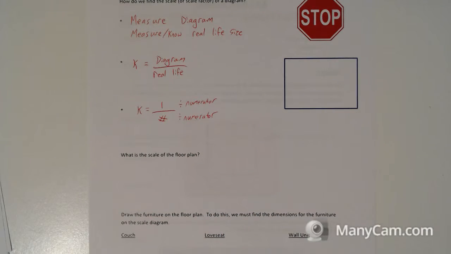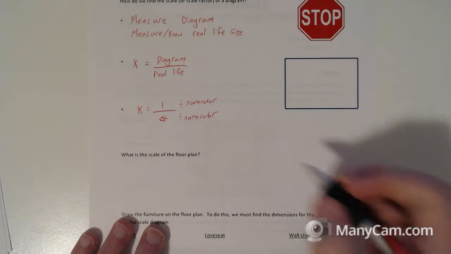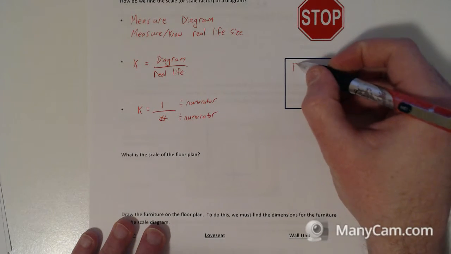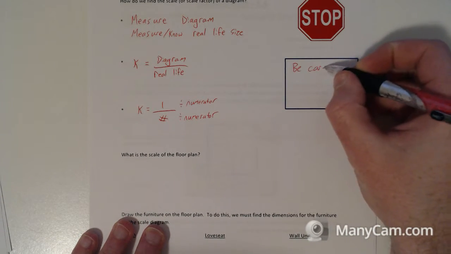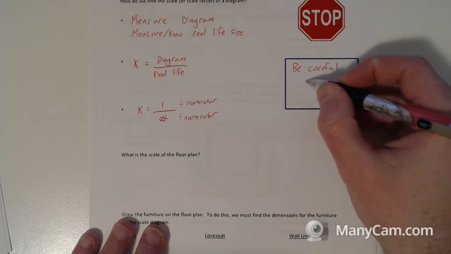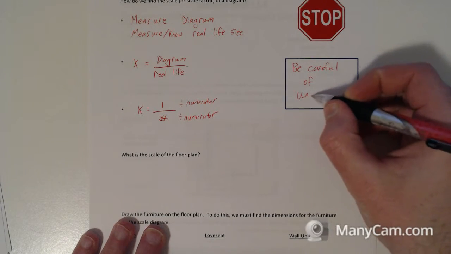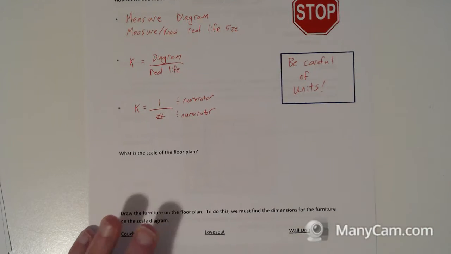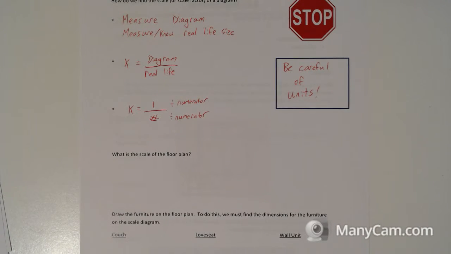If we do that, we should get this actual scale, which is 1 to something. And that's what we actually like to see. We want to see 1 in the diagram is what in real life. And sometimes we can use different units here. So be careful of units. We are going to have questions where we have to do conversions between different units. Including in this one, we already have feet and inches.